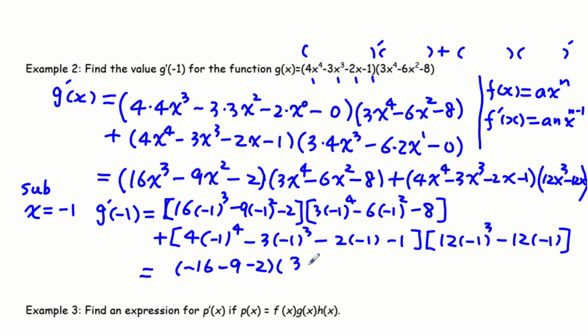Then positive 1 times 6 is 6, minus 6, and minus 8, plus 4, positive 1 is 4. This one, negative 1 times negative 3 is positive 3. Negative 2 times negative 1 is positive 2. Then negative 12 times negative 1 is plus 12. So the second term is 0.